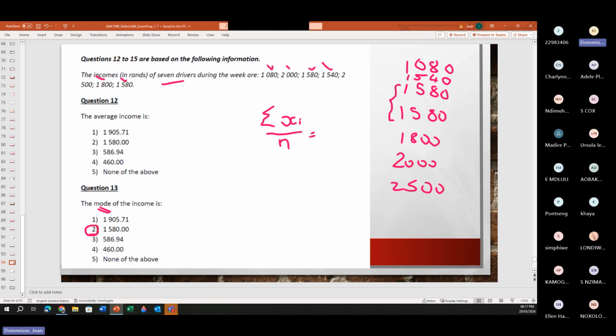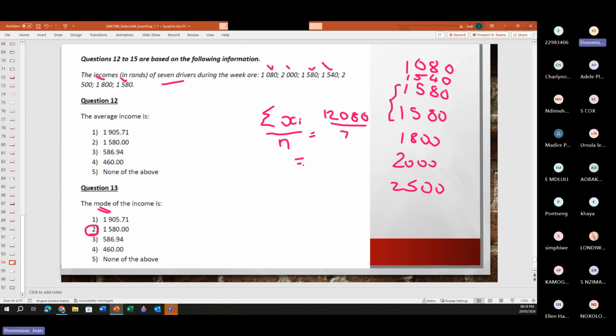So if we add all of them together, we get 1080 plus 1540 plus 1580 plus 1580 plus 1800 plus 2000 plus 2500, which gives me a total of 12080.